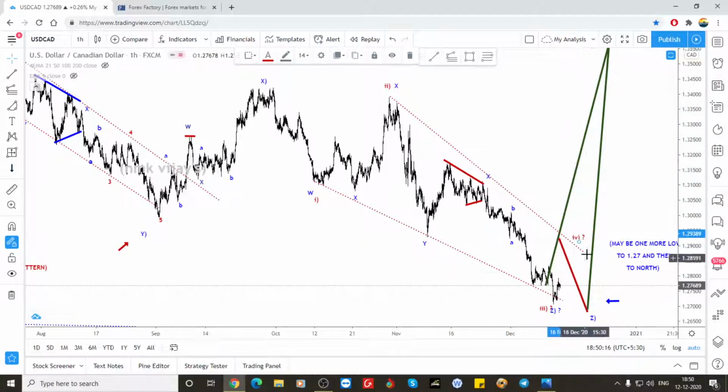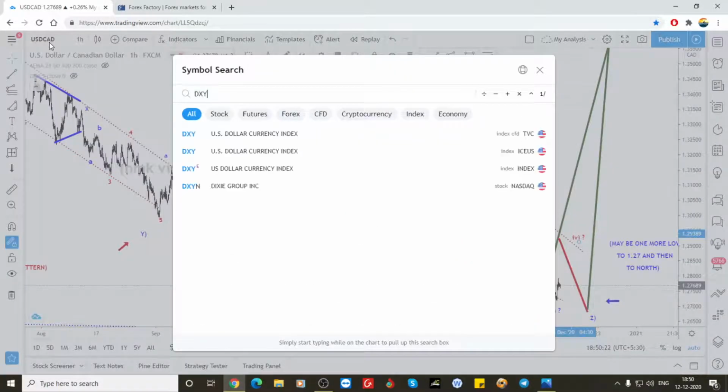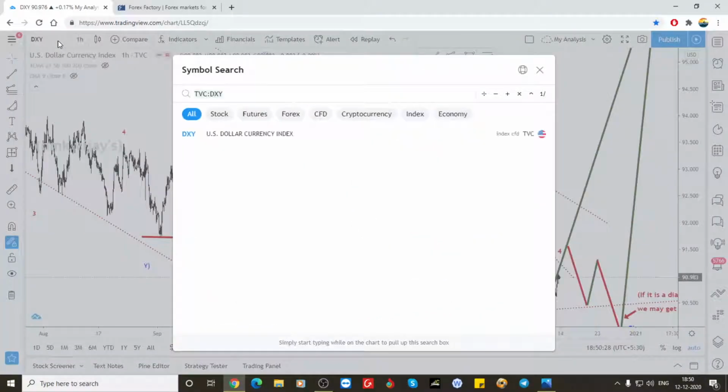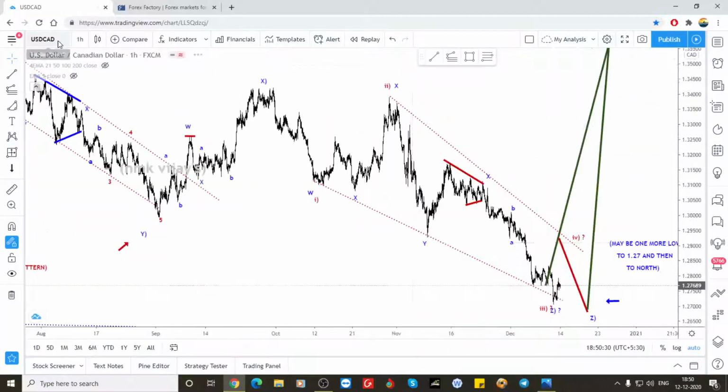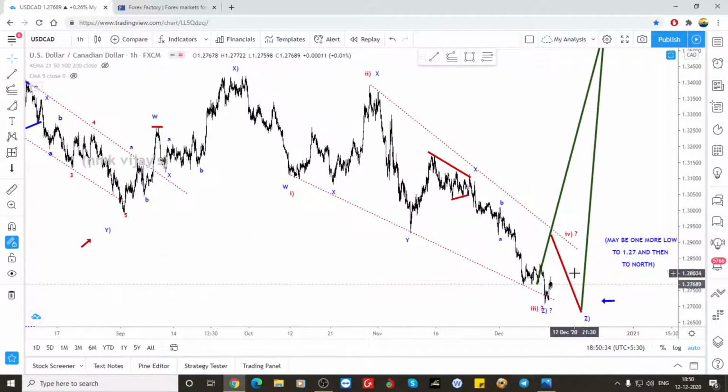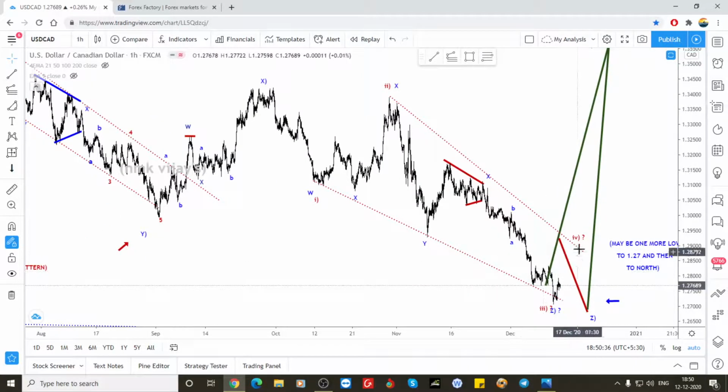At that time the DXY can also go above in the three-wave structure for the bullish, as I said in DXY here, and one more drop. So like that USD CAD can make one more three-wave structure to the upper side for the fourth wave. After that one more wave to the downside, so it could reach around 1.26 also.